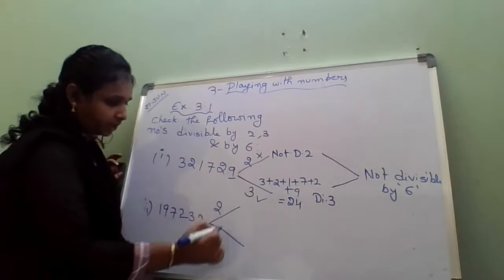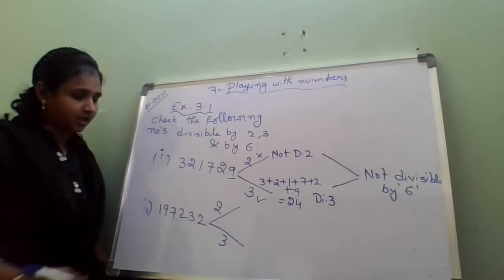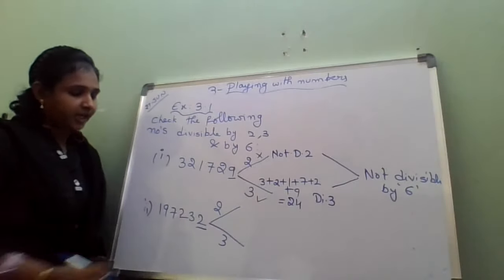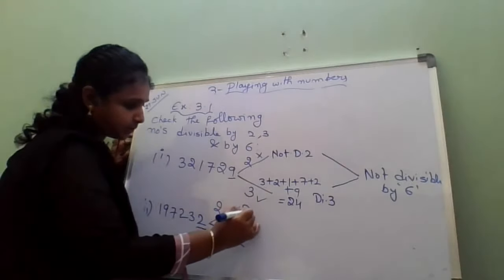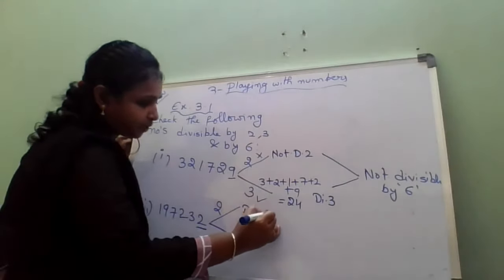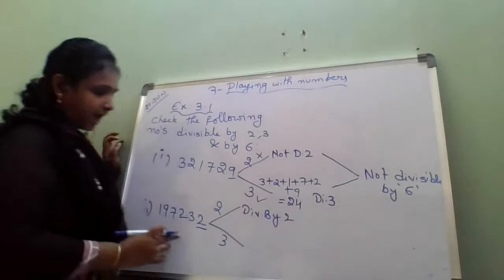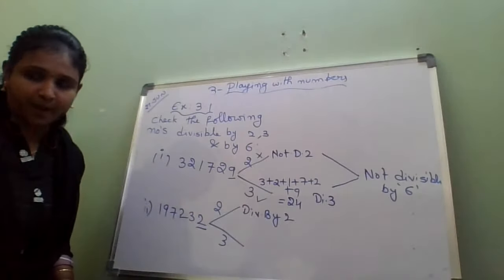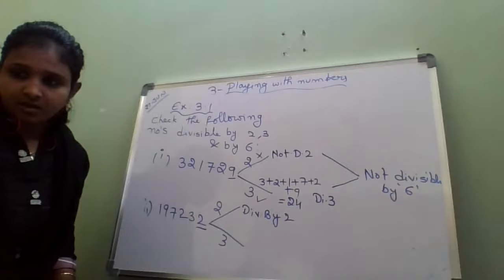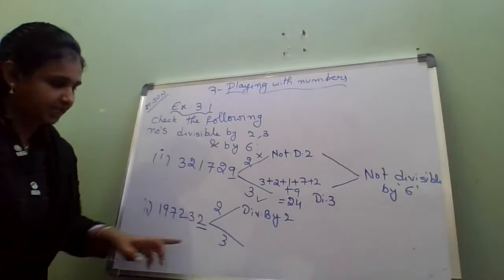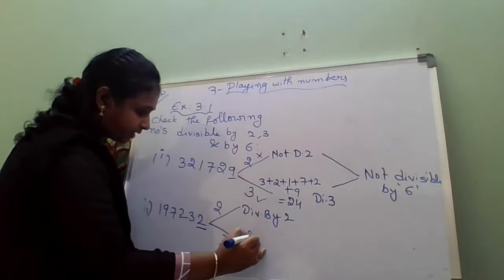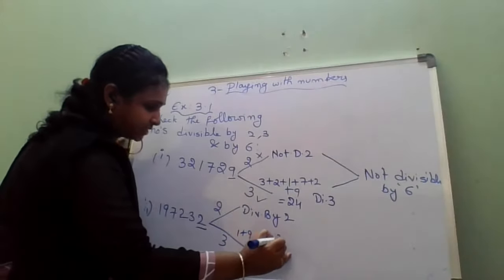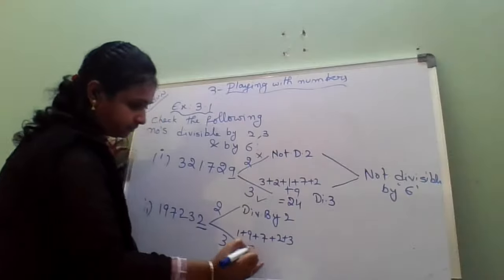First check divisible by 2. Next divisible by 3. So in ones place 2 is there, so this number is divisible by 2. Now check this number is divisible by 3 or not. So 1 plus 9 plus 7 plus 2 plus 3.